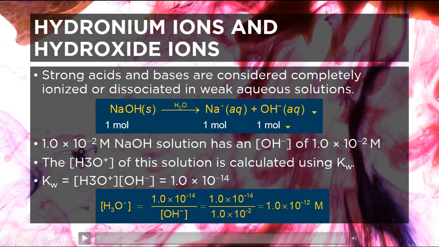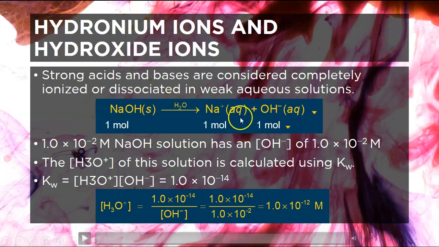So this is from last chapter, but strong acids are acids that are completely dissolved. Weak acids do not completely dissolve. So a strong acid might look like, or I guess this is a base, NaOH here, where it breaks down completely into sodium ions and hydroxide ions.